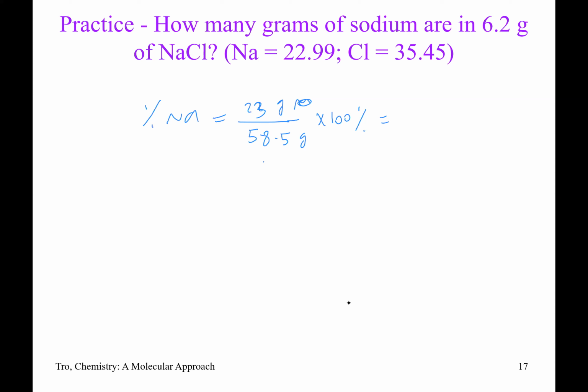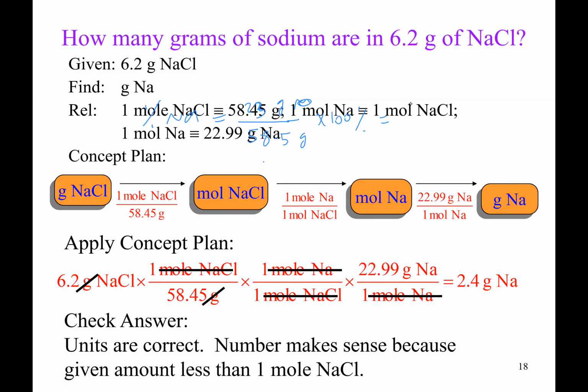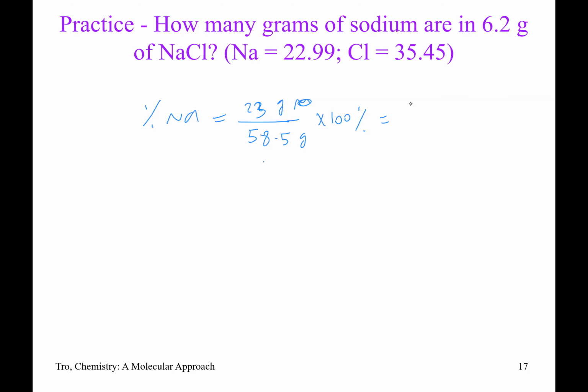Okay, so if you want to get the, I don't have the number unless you give me the number. So we have the percentage of the sodium. Can anybody give me that number quickly, or do you want me to? 39.3%.